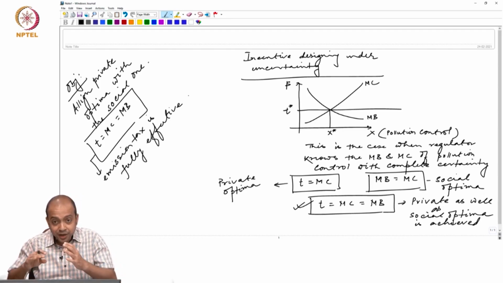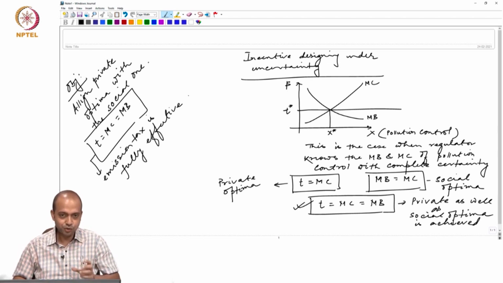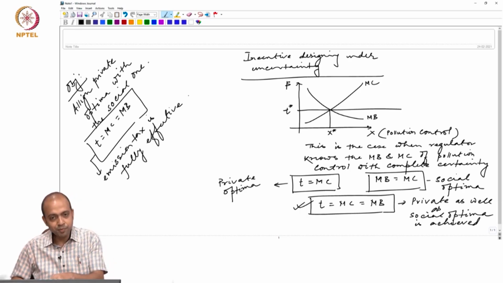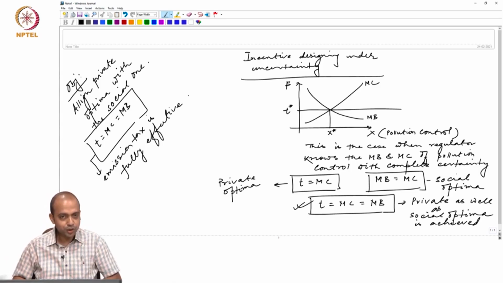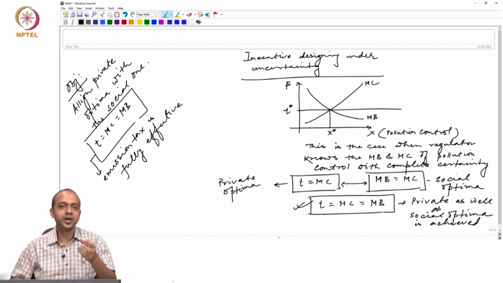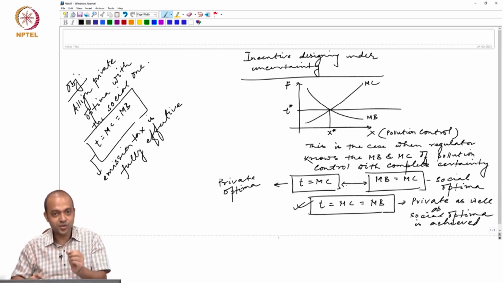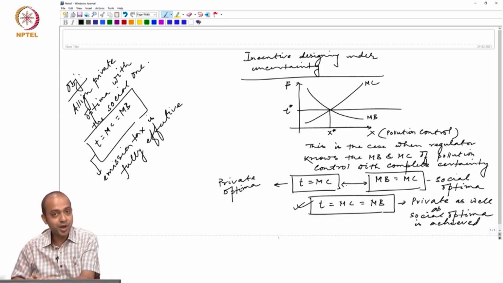But if the regulator does not know the MC or MB of pollution control with complete certainty, then the question is whether emission tax will be effective. Indirectly, that means whether private optima will be aligned with social optima. If there is a divergence between the private optima and the social one, then we will say that emission tax is not fully effective, and the ineffectiveness of the emission tax would be measured by the divergence between the private optima and social optima.